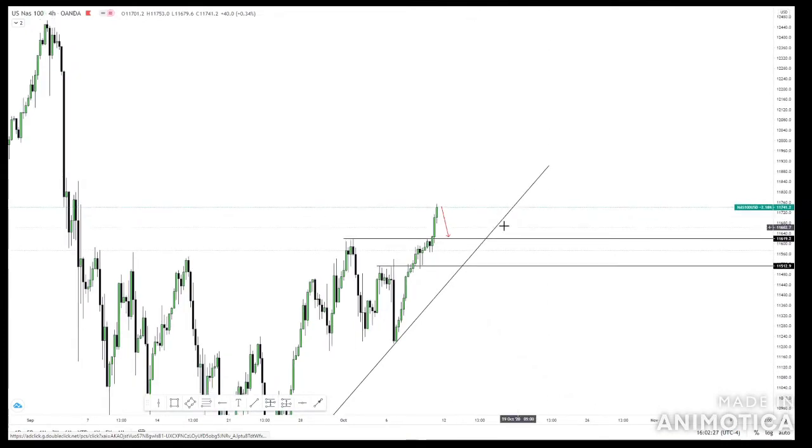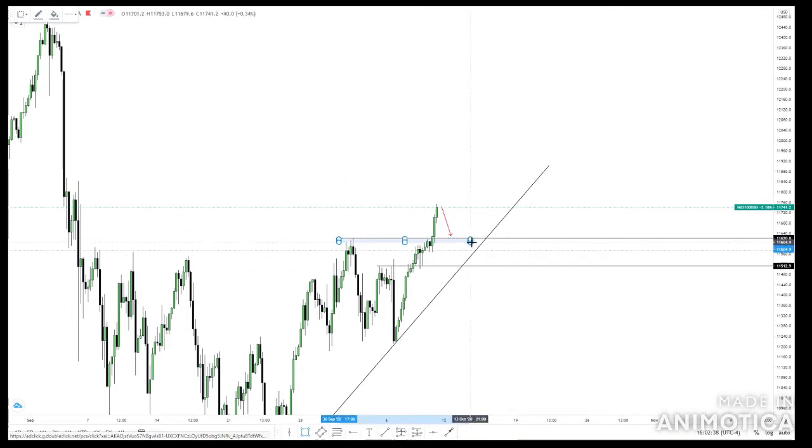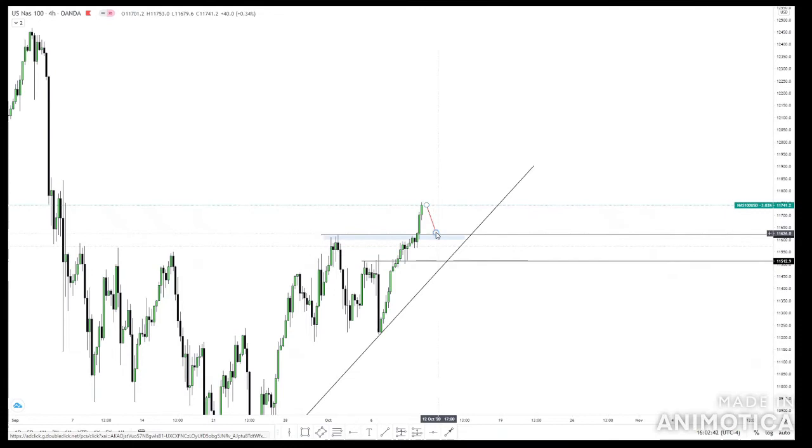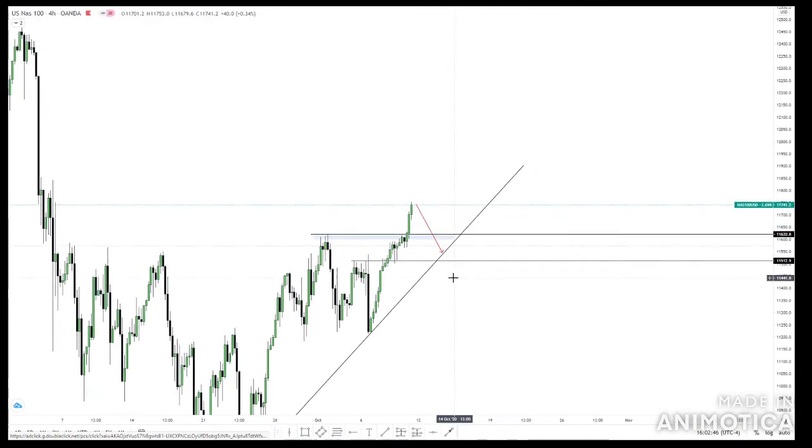You can either look for buys at this high right here, the structure over here, or if she decides to push lower, you have your trend line right here, and also you have this resistance right here that will now be support.